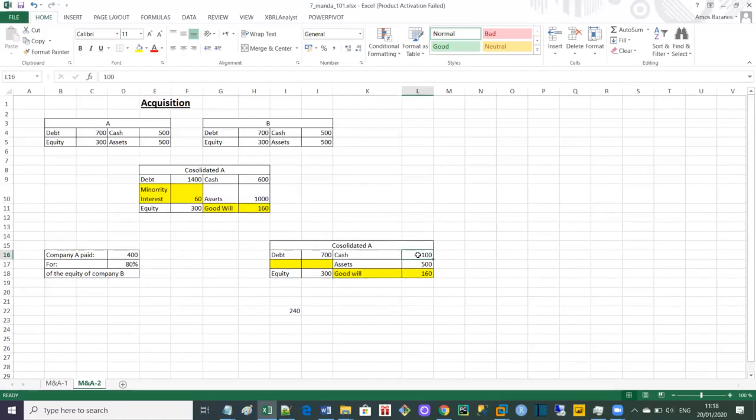So the cash to the cash, I'm going to add the cash of B to the assets. I'm going to add the assets of B. Oops, what did I do wrong?